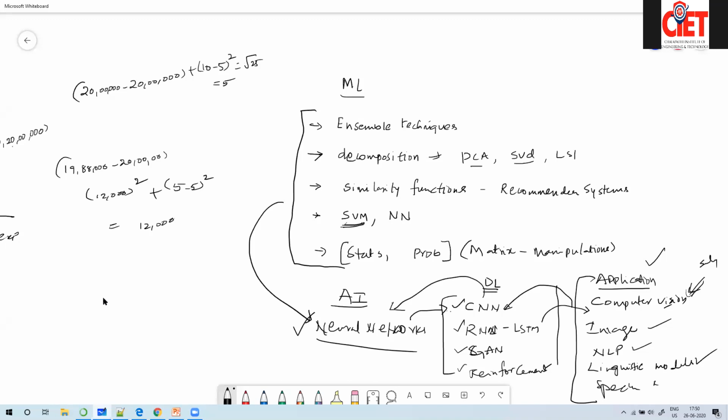Once you are very clear with these concepts, not only the other concepts that I have explained so far, you have to understand how ensemble techniques work, how different types of decomposition work, how we can try to measure observations and their similarities, some sort of advanced machine learning like support vector machines, neural networks, etc. This will set the foundation for anybody to even think about becoming an AI practitioner.